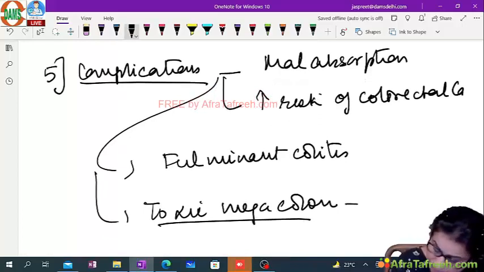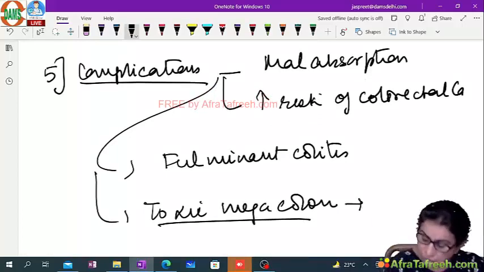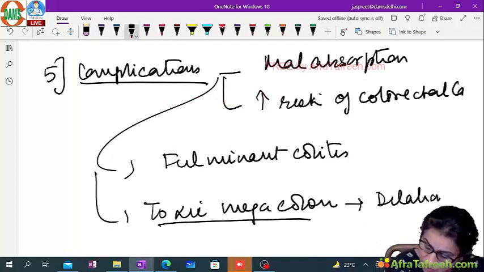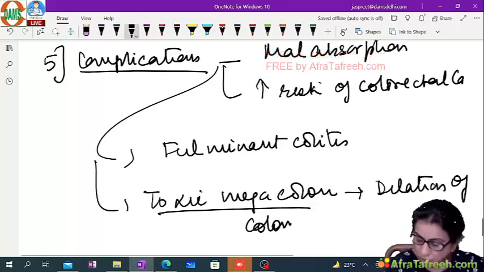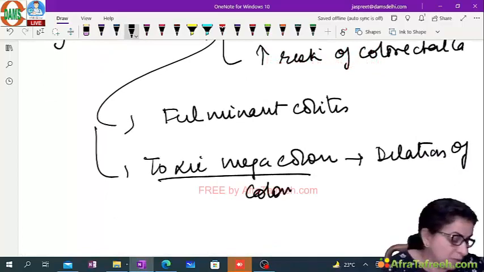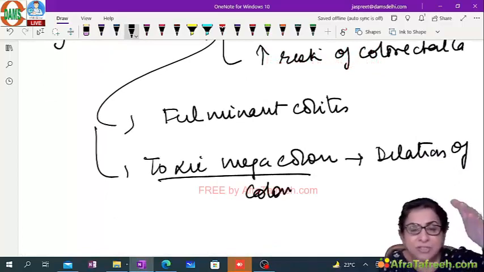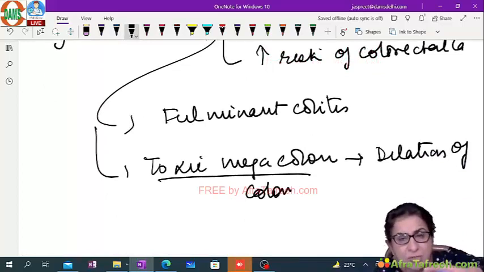What is toxic megacolon? There is dilatation of the colon. The colon dilates and it can even perforate. Why does toxic megacolon happen? The inflammation is confined to the mucosa and submucosa.